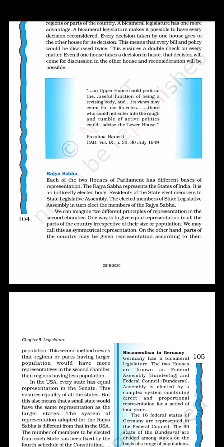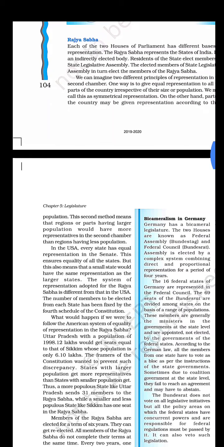One way is to give equal representation to all parts of the country irrespective of their size or population. We may call this symmetrical representation. On the other hand, parts of the country may be given representation according to their population. This second method means that a region or part having larger population would have more representatives.